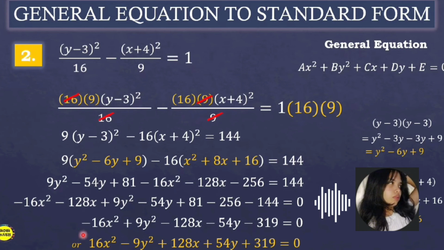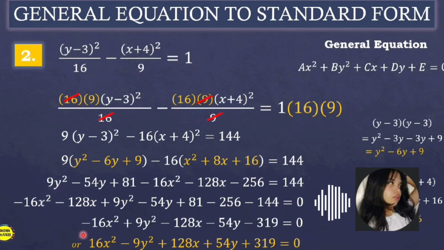We will substitute our answers for (y minus 3) squared and (x plus 4) squared. So it will be 9 times (y squared minus 6y plus 9) minus 16 times (x squared plus 8x plus 16) equals 144. Now we can distribute 9 and 16 inside the parentheses. Transpose 144.